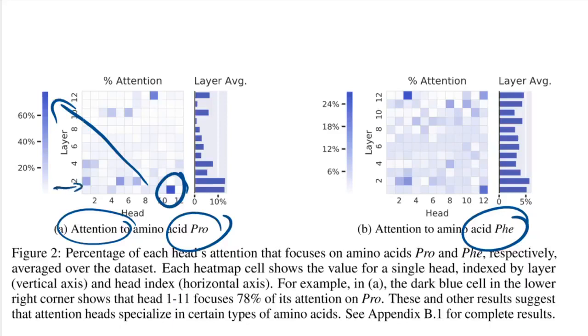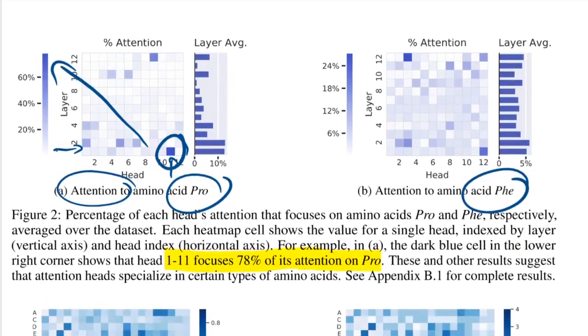So this is layer 1, head number 11, which focuses 78% of its attention on proline. Now this is not that special if you think about it, because in natural language models, you might want to have some mechanism in your neural network that's specialized on a very particular word, because that might just be an often occurring word.